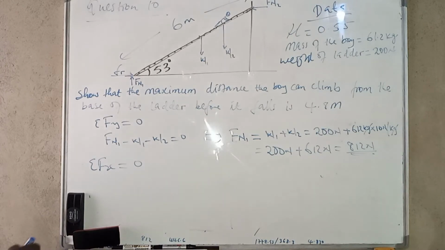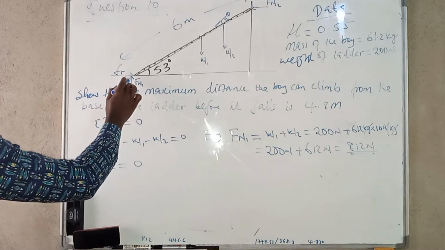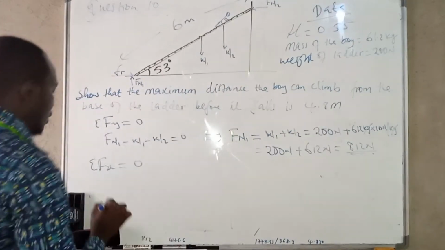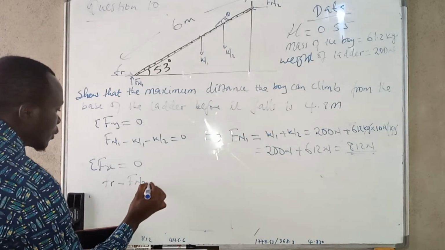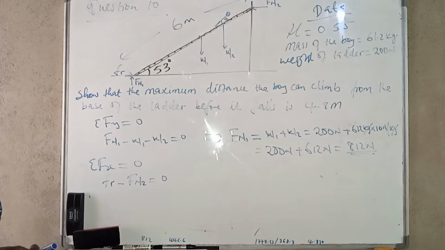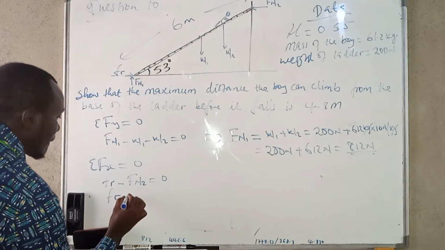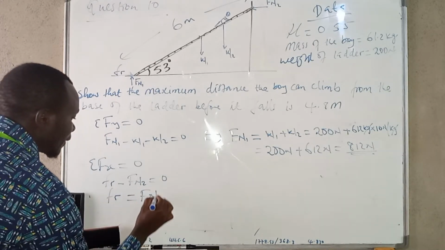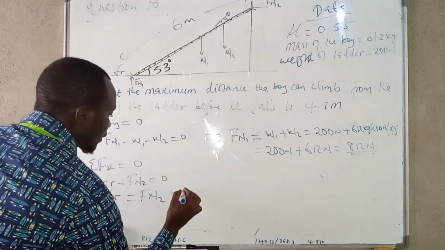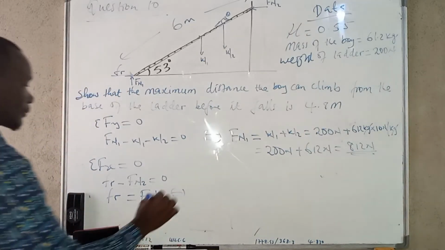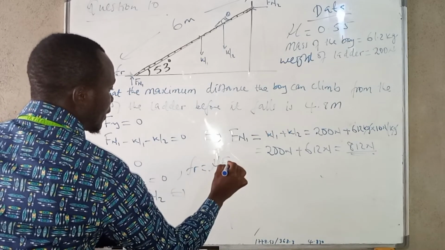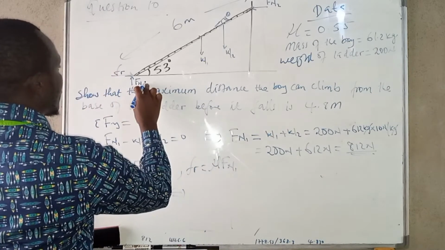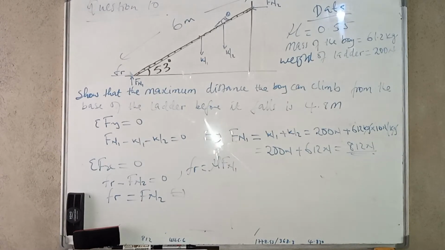And again, we know that the summation of forces in x must give us 0. So in x, we just have this one, which is the friction force in this direction, and the opposite direction. So we have Fr1 minus Fn2 must give us 0. So Fr1 must be equal to Fn2. But we know that Fr1 is equal to mu Fn1, this one.